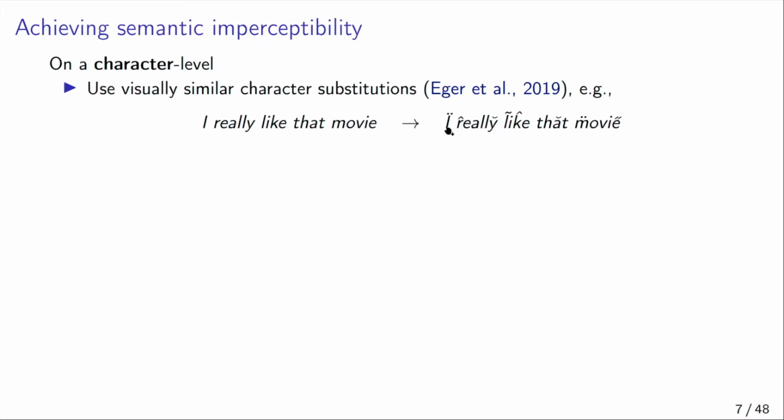We as human readers would still be able to clearly read that sequence as I really like that movie. But since the encodings of individual characters changed, the text classification models are likely not able to process these words as they're intended to be processed. And this makes it more likely for them to be vulnerable to those examples.